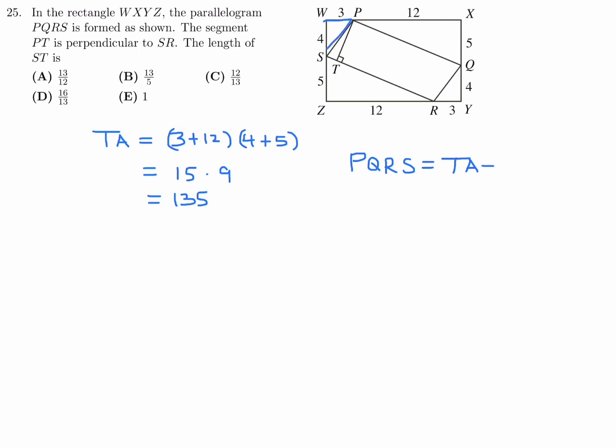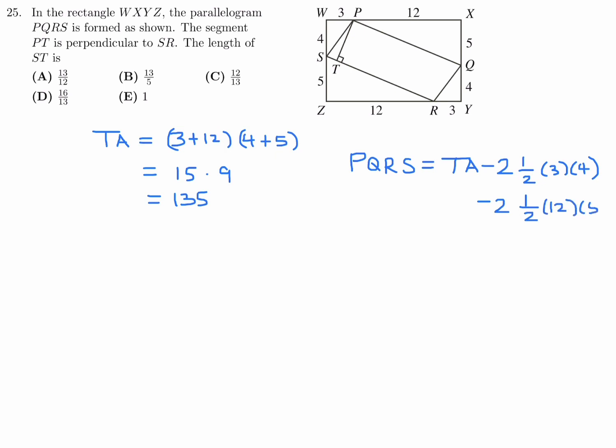So total area minus the 4 triangles. So this triangle and this triangle are the same. So it's really 2 times those 1/2 base times height, since they have both the same dimensions. And then this triangle and this triangle are also the same. So instead of subtracting them individually, I can just combine them.